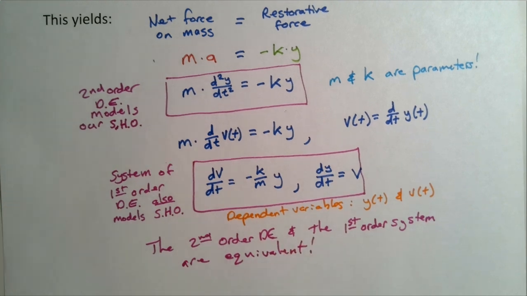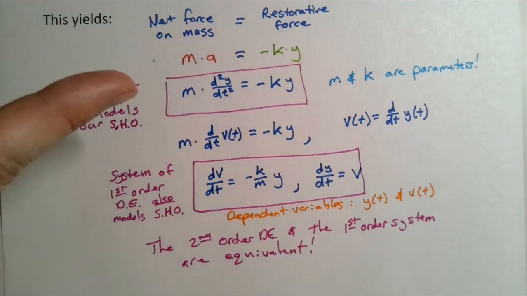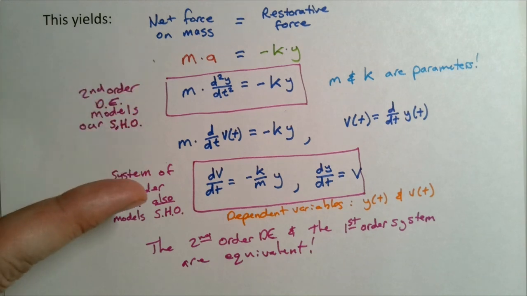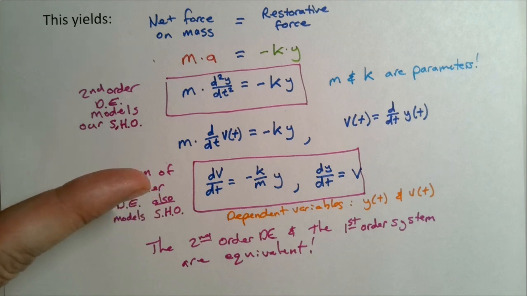And this is good for us because we may not know how to solve this second order differential equation, but we know how to manipulate, we know how to produce a graph, a DE plot, and we can understand what's going on with this first order system.